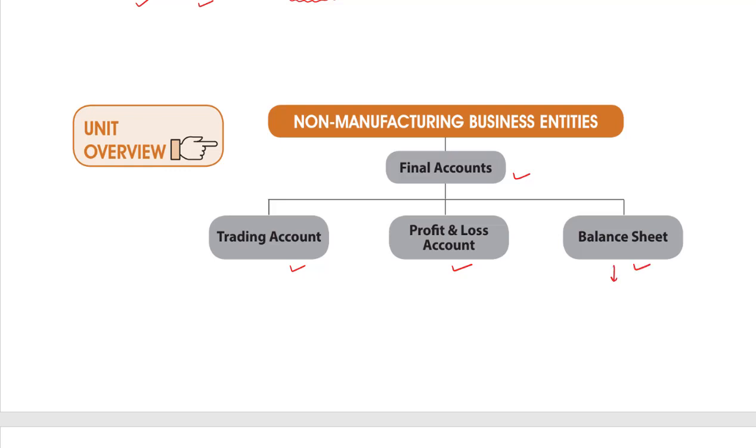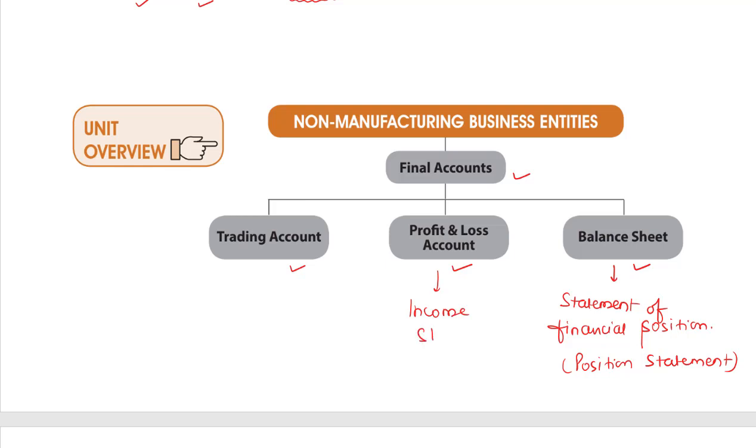I told you balance sheet is also known as statement of financial position, also known as position statement, and profit and loss account is known as income statement.